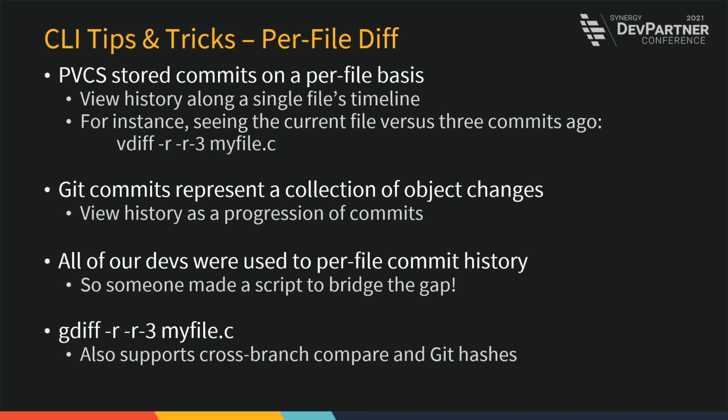So if you were to git diff head against head -3 with a file path filter, it would report back no changes. Since all of our devs are used to being able to nav history on a per file basis, our own developer Tate Chamberlain wrote a simple script to help bridge the gap. The tool runs a git log under the hood to locate revisions that contain changes to the one specific file, and then applies the same -r -3 syntax to give you a diff in the revision history of your specific file. Let's go ahead and see it in action.